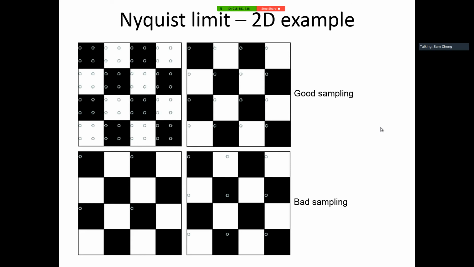This is probably a good illustration of why you need 2 times sampling, or a sufficient sampling rate. If your sampling rate is too low, as in this illustration, you have this original image. Let's say I sample at these points, then I get back the pattern: 4 black pixels, 4 white pixels, and so on.